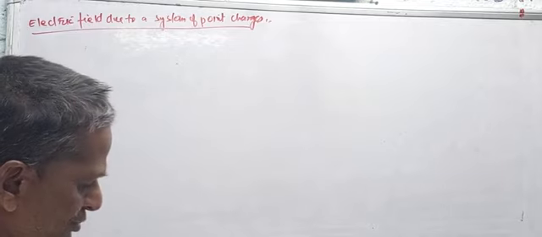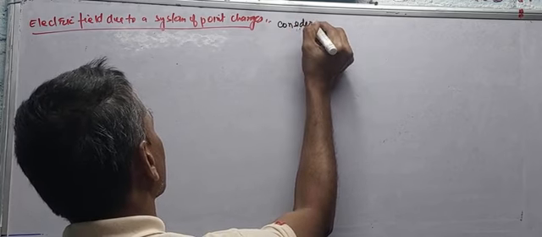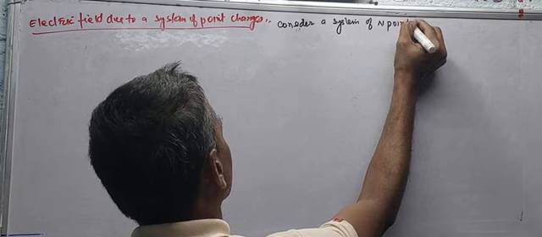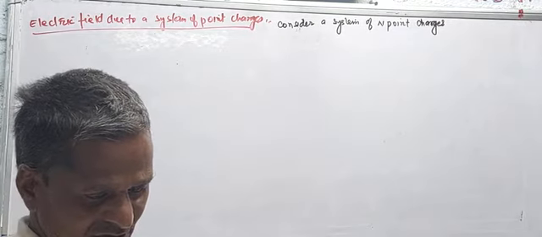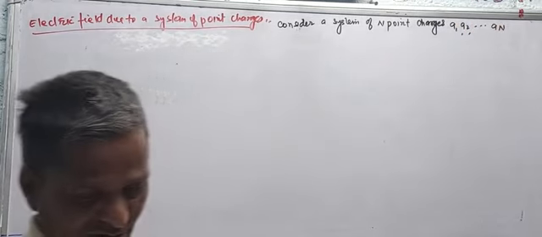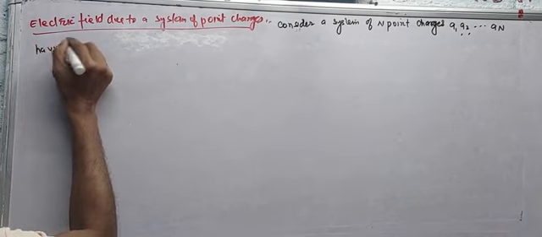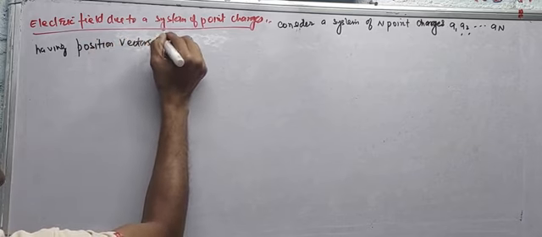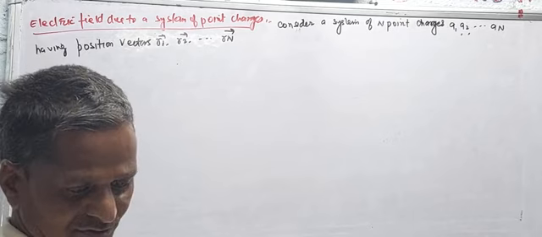Consider a system of n point charges q1, q2, up to qn, having position vectors r1 vector, r2 vector, up to rn vector with respect to the origin O.